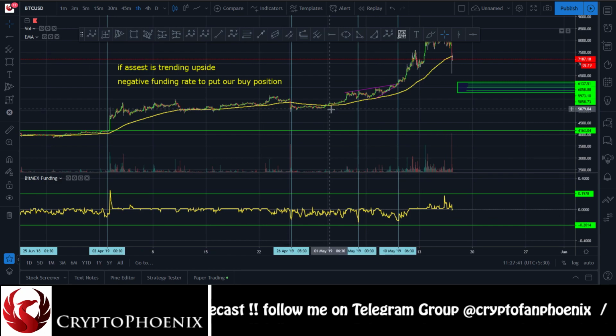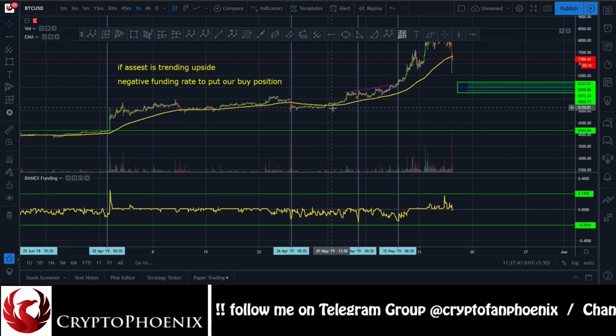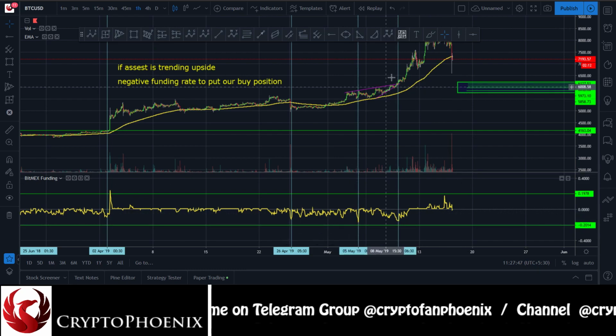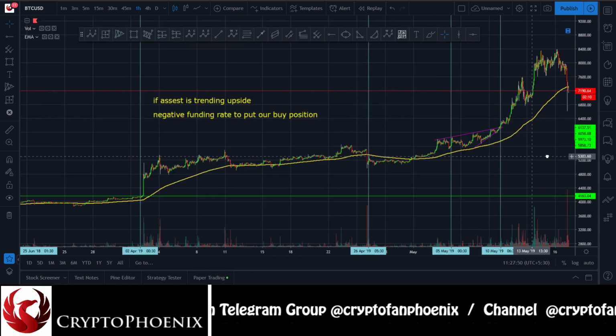So the asset is moving upside, yes, you can see it's moving above the 200 moving average. Find the negative funding rates, mark those points and enter a long position.